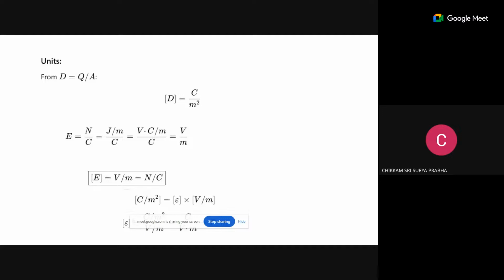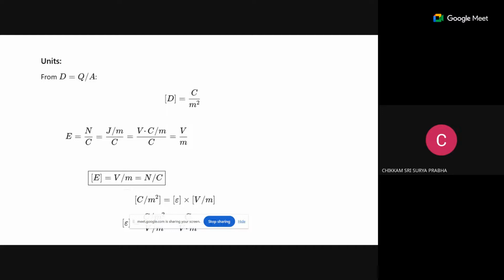Now we can replace the unit of force with joule per meter. This came from the fact that work is defined as force into distance, so force equals work per distance. So we can replace the unit of force as joule per meter, and then we can replace the unit of joule as volt into coulomb. From this, both coulombs get cancelled and we have the unit of E as volt per meter.